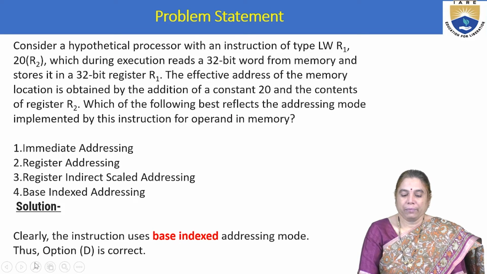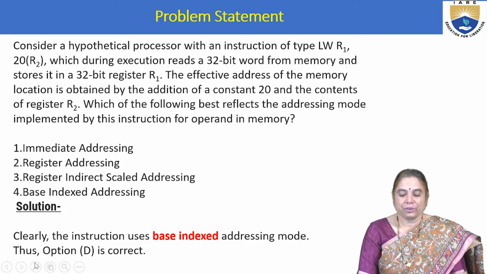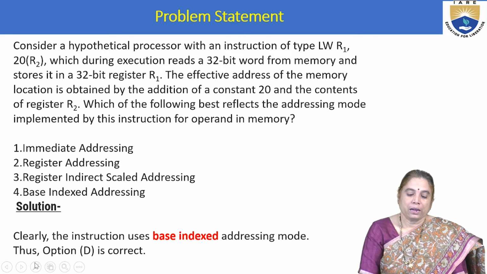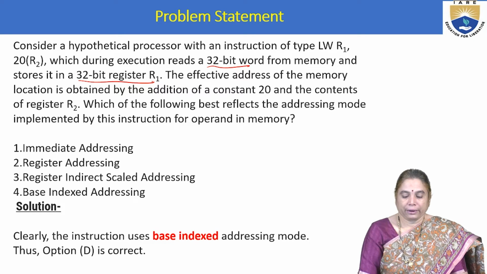Next problem statement is, consider a hypothetical processor with an instruction of type LW R1, 20(R2), which during execution reads a 32-bit word from memory and stores it in the 32-bit register R1.